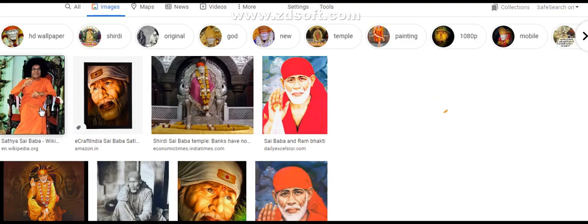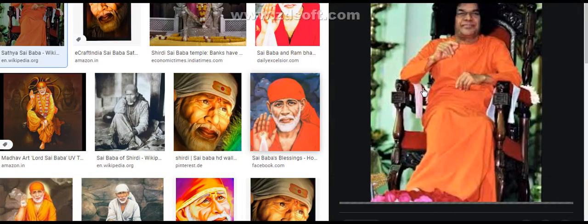I have studied in his college only. I have photos with him. Nice, sir. He was the avatar. This is Shirdi Baba. This is Sai Baba, the second avatar. But he died a long time ago, no, sir? The first one died long back in 1918 or something. This person died in 2011, during my MSc first year.